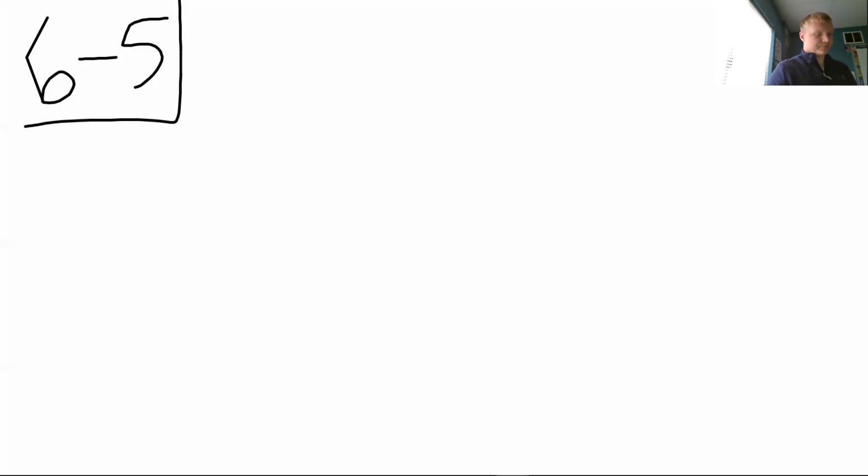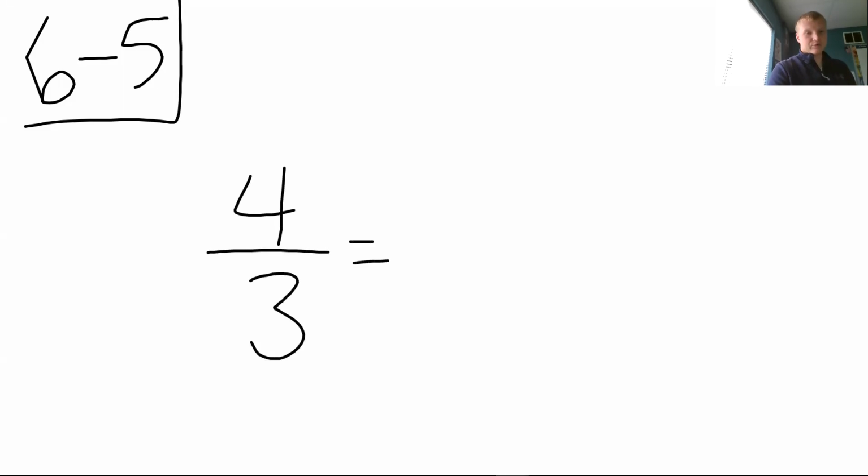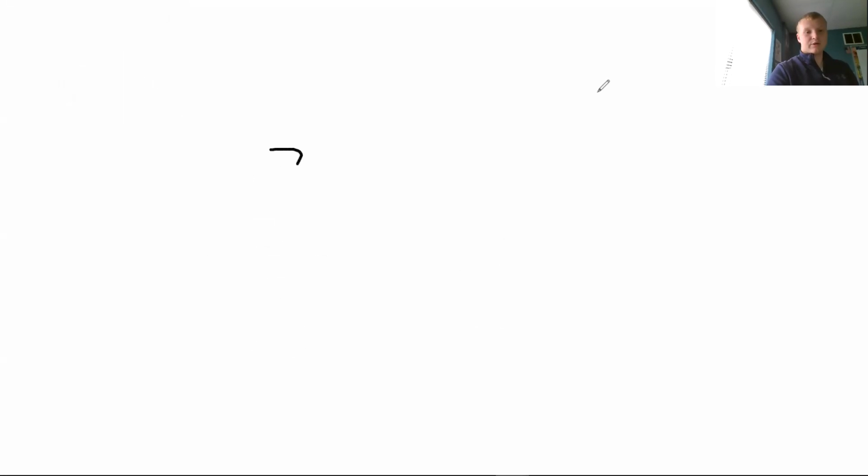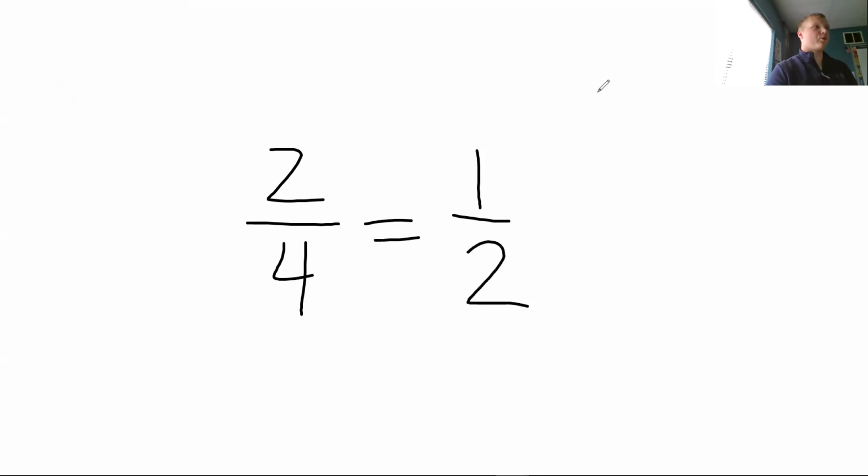So that's where something will say, if you have 4 over 3 equals 1 over 3, we know that those proportions are not equal. If we had 2 over 4 equals 1 over 2, that proportion would be equal. So that's where we get into cross products.